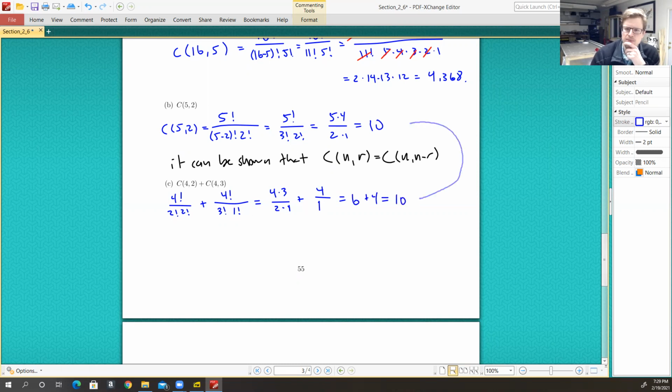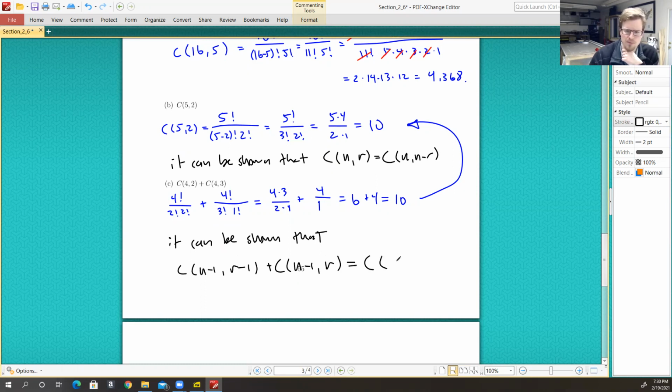Hey, doesn't that look really familiar again? That's what we found up here and what we found up in the last problem. Well, yes, it is, because another interesting thing, it can be shown that the number of combinations of n minus 1 choose r minus 1 plus the number of combinations of n minus 1 choose r is actually equal to the number of combinations of n choose r.